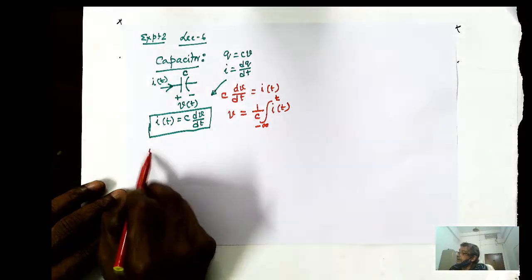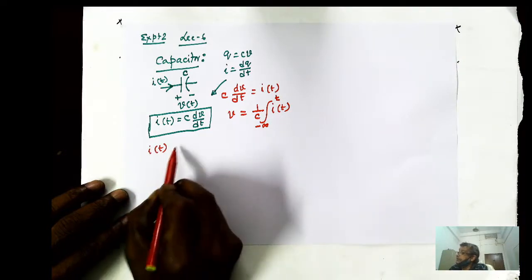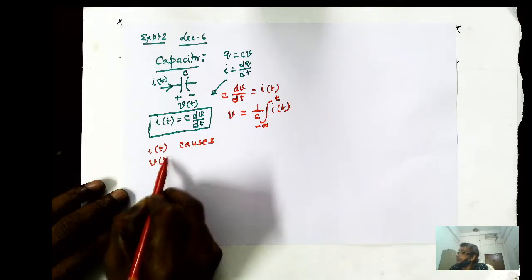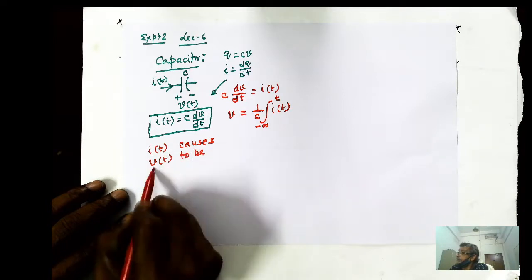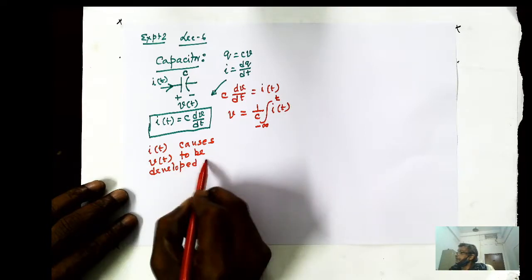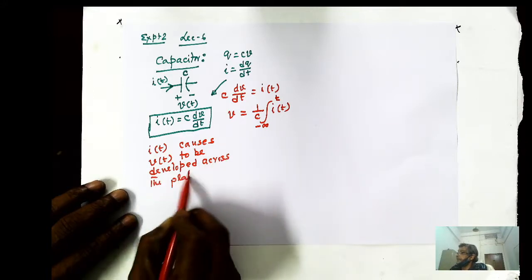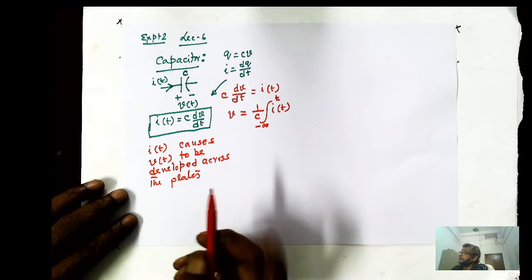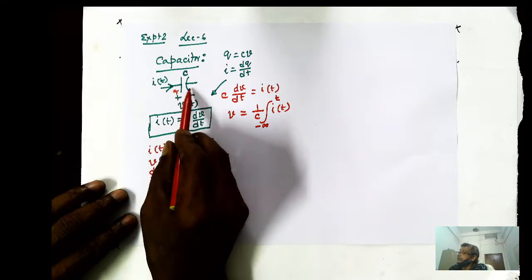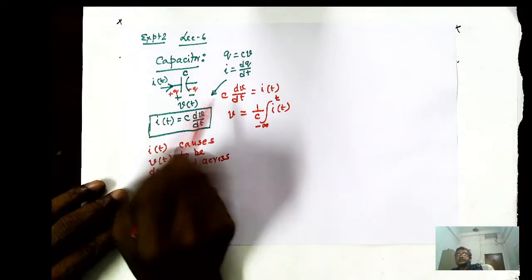You should look at a capacitor in this way: i(t) causes voltage v(t) to be developed across the plates. The reason is obvious, because to have some charge, plus Q and minus Q, on the plates of the capacitor, you must dump some charge on the plates.